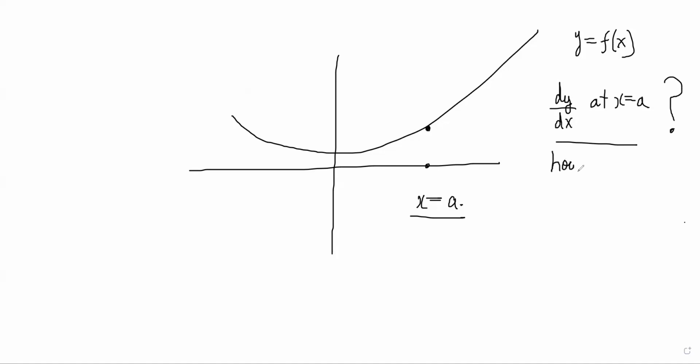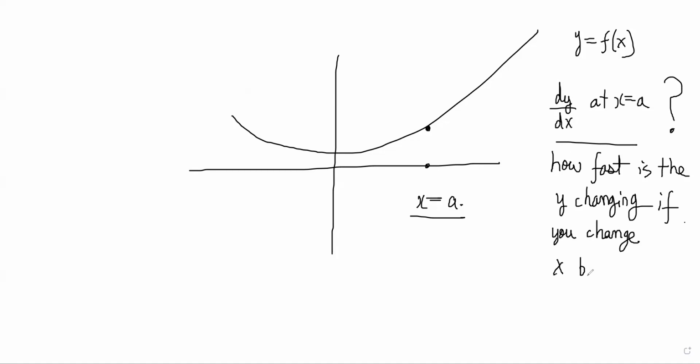This means how fast is y changing if you change x by a small amount when x is equal to a, when x is close to a, right? So if you are close to a and if you change x by a small amount, how much did the y change?